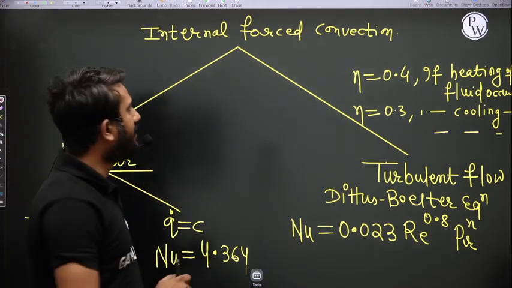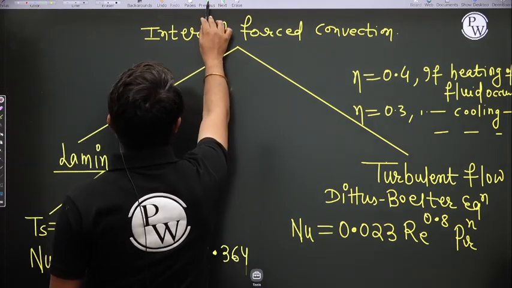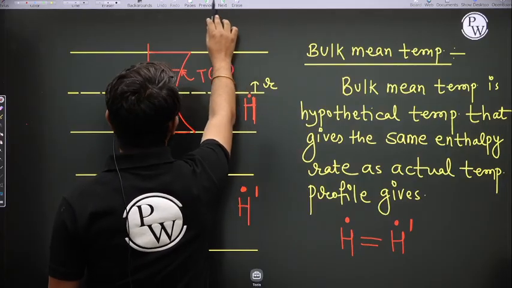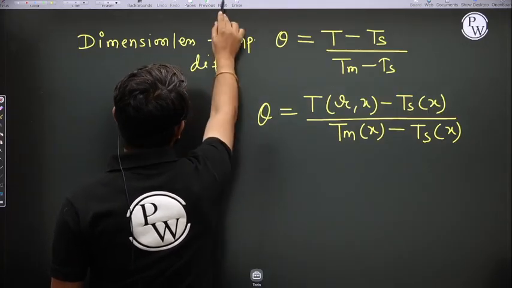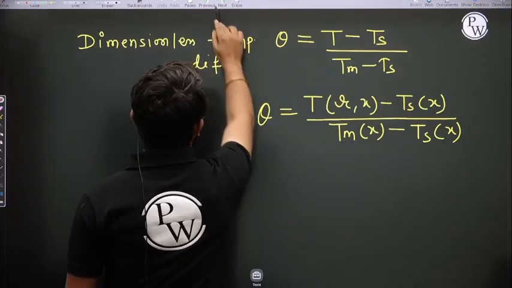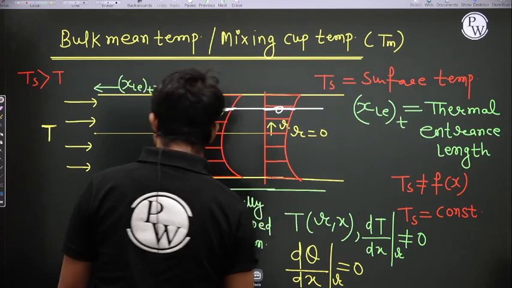Is it clear? So remember this empirical relation. And one thing that I forgot, see here, about the hydrodynamic entrance length and thermal entrance length. Where is the thermal entrance length? This is the thermal entrance length.